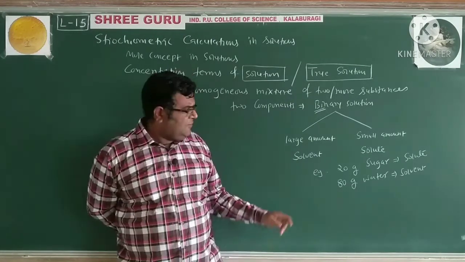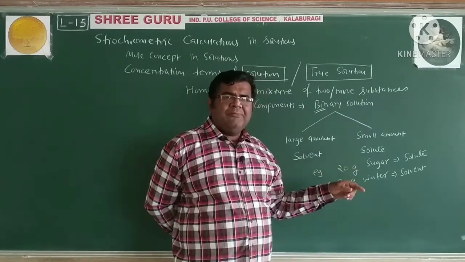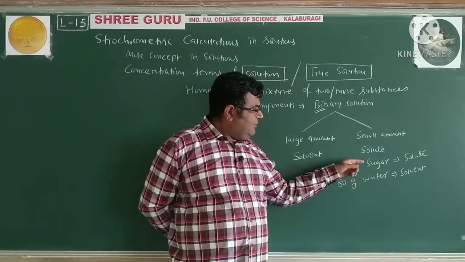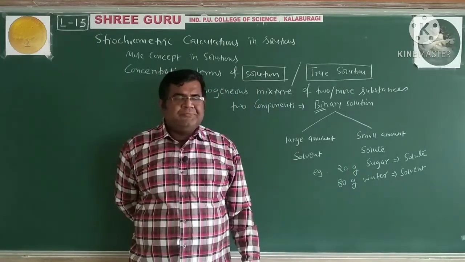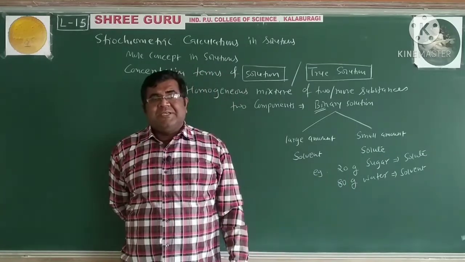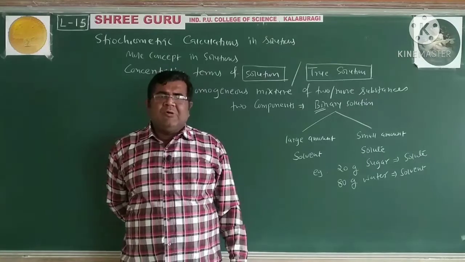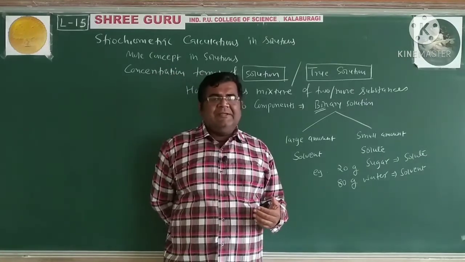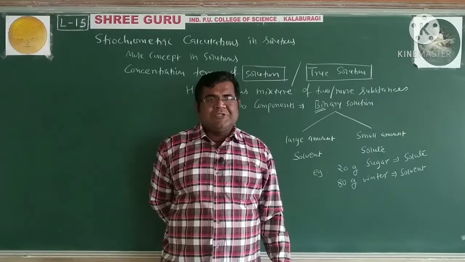Of course, this 20 gram we can convert into mole. 20 by 342 for sucrose, and 80 by 18, the molecular mass of water, and we can compare it. In any way, the sugar component is less, that's why sugar is solute and water is solvent here.